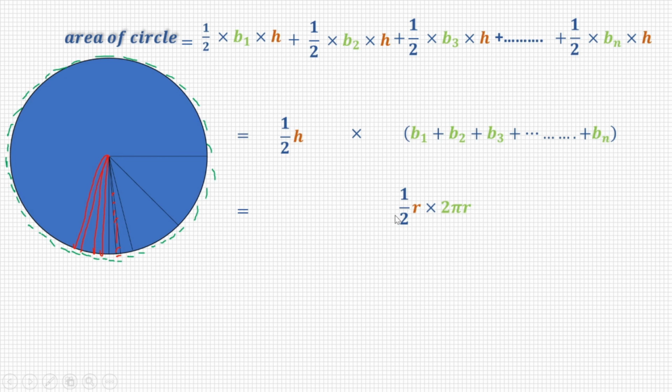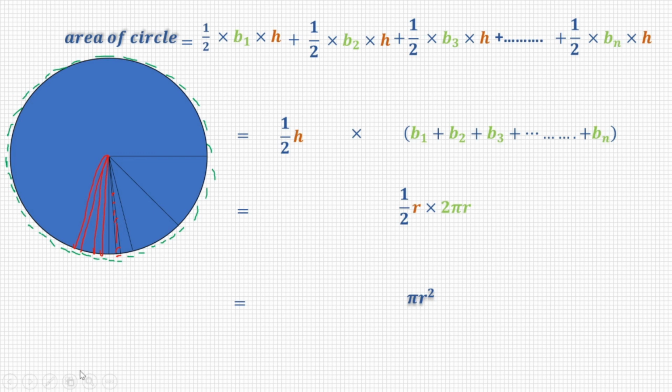Now we can cancel this 2 with this 2, and pi r into r is pi r square. So the area of the circle is pi r square. So if we have to find the area of any circle, what should we know? We must know its radius.